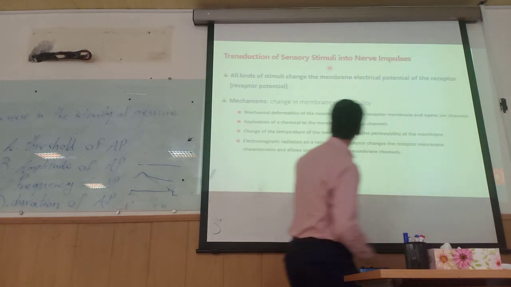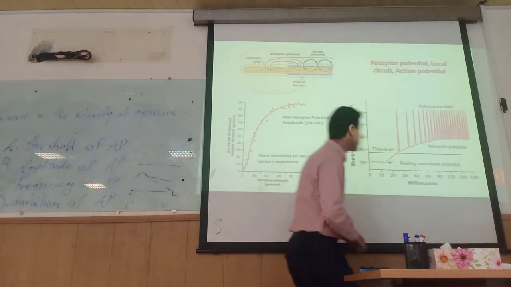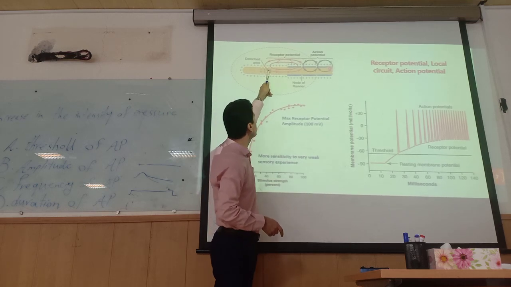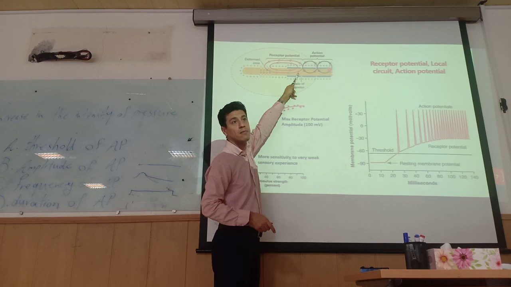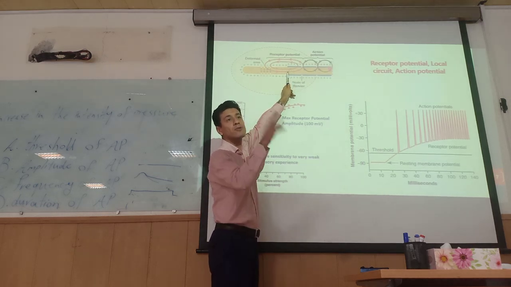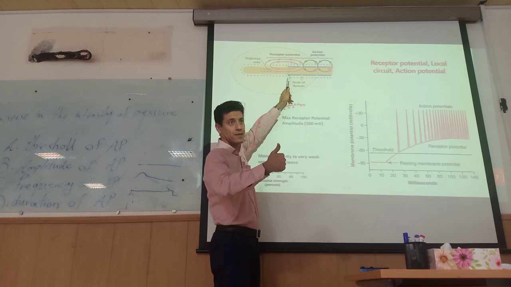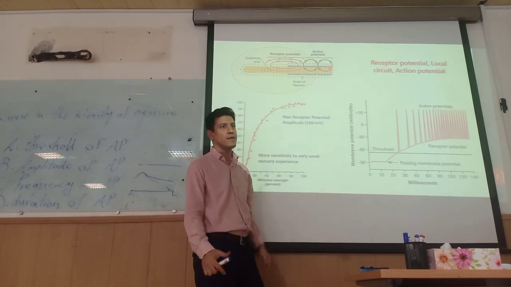Actually, you're talking about this. So this one, the receptor potential goes through the cytoplasm. So it's like electrotonic conduction in the endpoints. So the nature of them is the same.